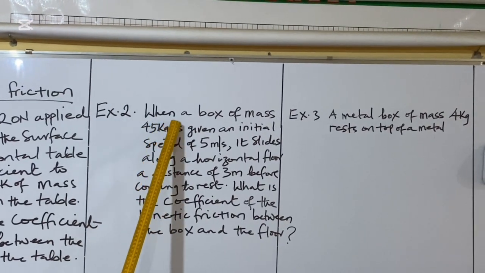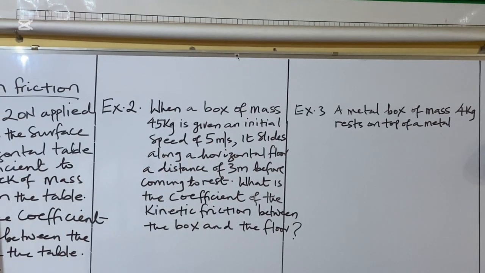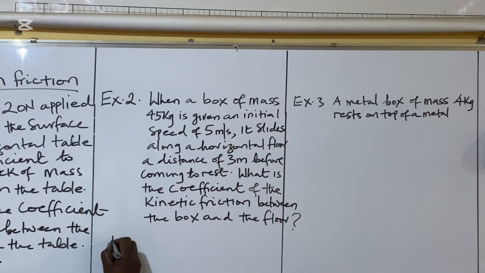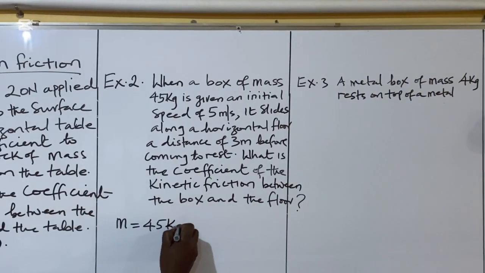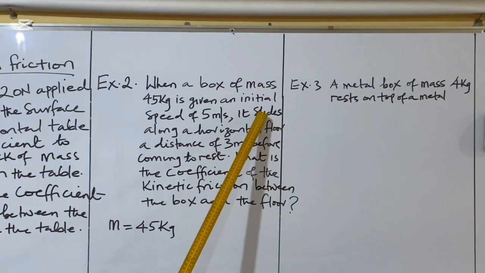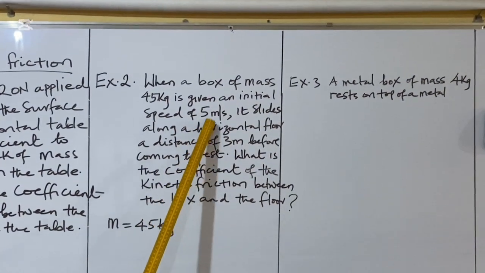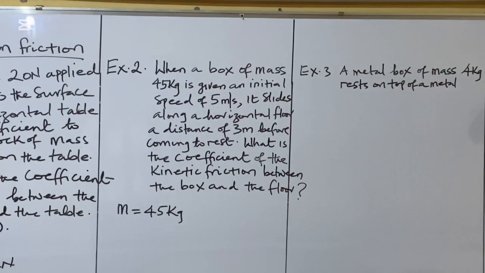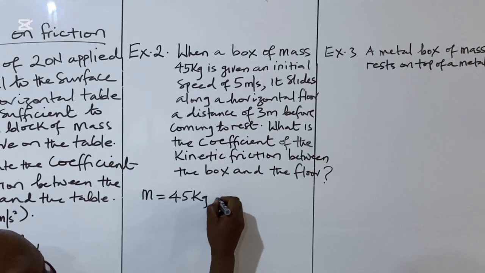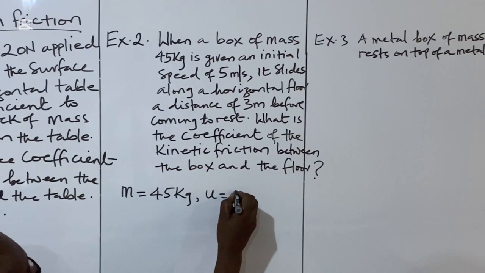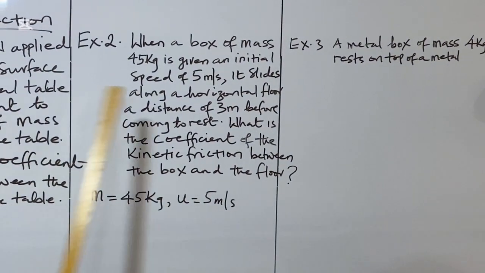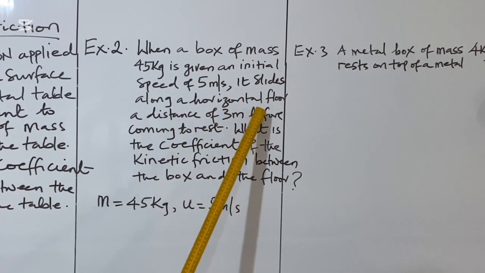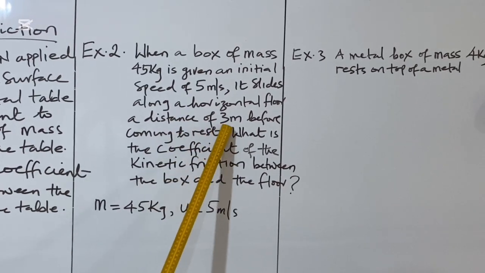It says when a box of mass 45 kg, therefore M is equal to 45 kilograms, is given an initial speed of 5 meters per second. That is U is equal to what? 5 meters per second. It slides along a horizontal floor a distance of 3 meters.